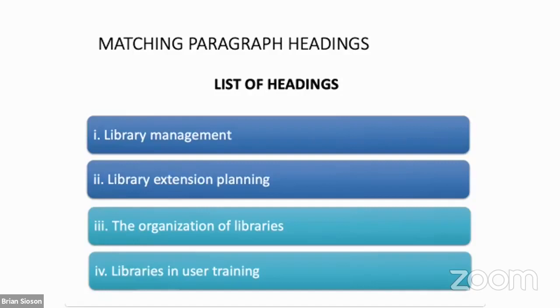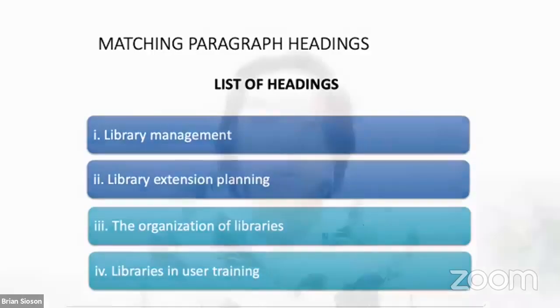Number 2, library extension planning. So when you think about planning for an extension, like how you're going to establish new parts of the library, how you're going to offer more services perhaps in the library. The organization of libraries, number 3, that's one that we have discussed a while ago. And libraries in user training. So, probably having training on how to make use of a library.